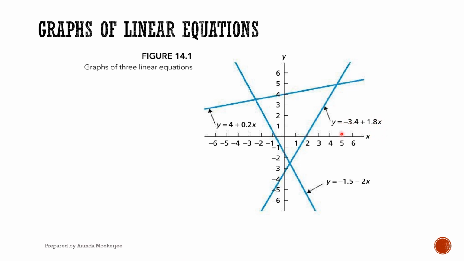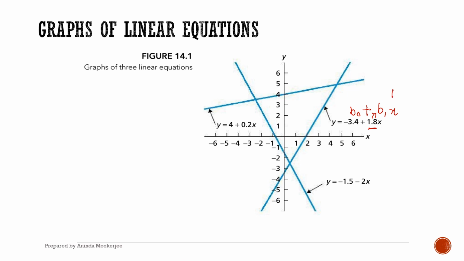1.8x. Now, note this is not in mx plus b form, but this is in the form that we just learned in statistics of b sub 0 plus b sub 1x, right? So for this line, the slope is b sub 1, which is 1.8. For this line, the slope, which we commonly have known so far as m, is now represented by b1.